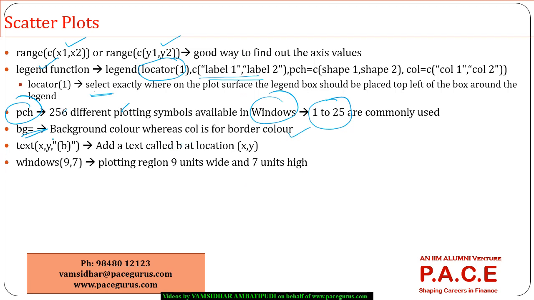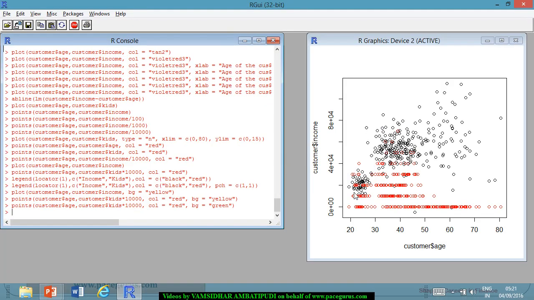Now, I can also add text to my data, wherein I can simply put up the text that I want to display. Let's say here somewhere at this location I want to add some text, or probably here I have an open space, so I'll add the text here: customers age versus income.